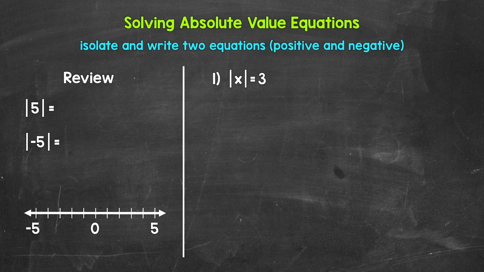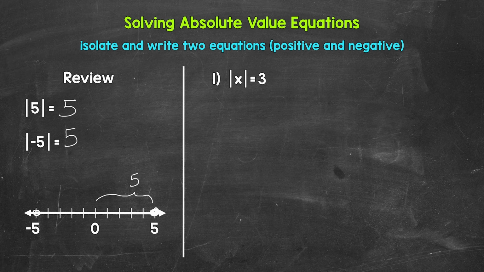Now remember, the absolute value of a number is its distance from 0. So for a quick review, the absolute value of 5 is 5. So if we take a look at 5 on the number line down here, the distance from 0 is 5 units. The absolute value of -5 is 5 as well.